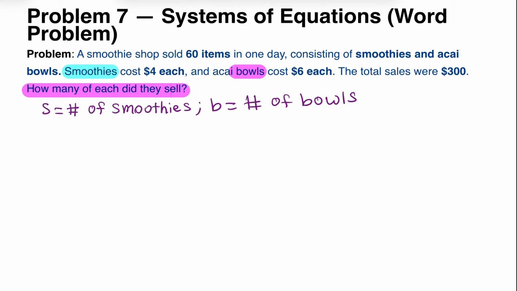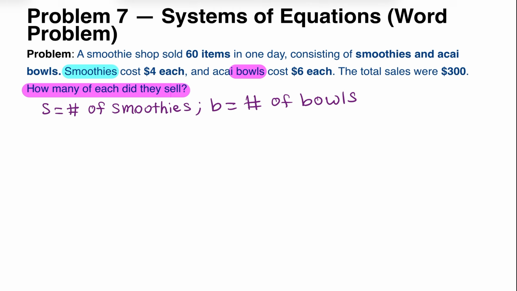So now we have that. And from the problem, we do know two things. They sold 60 items total, and the total sales were $300. But let's start with them selling 60 total items, and this will become our first equation.